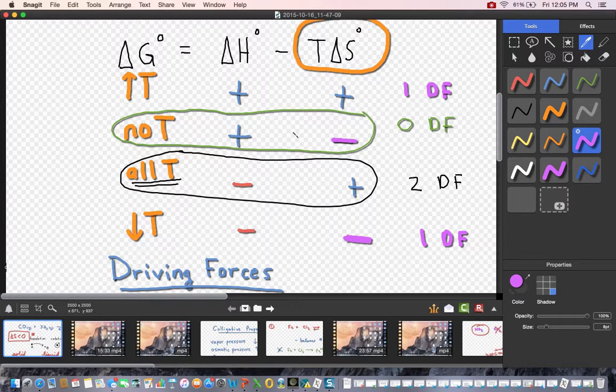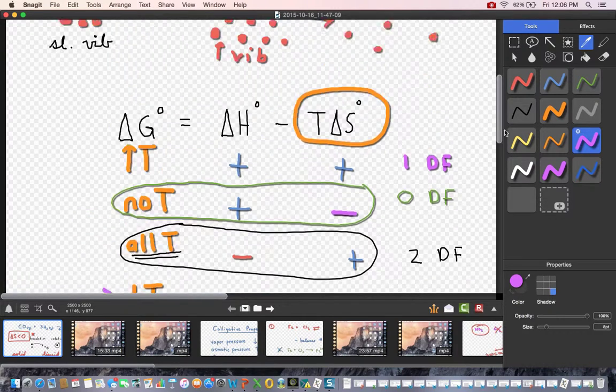But the second condition will not result in a spontaneous reaction. Therefore, I can now make an educated assessment of what is happening to delta H. In this case, delta H is also negative.